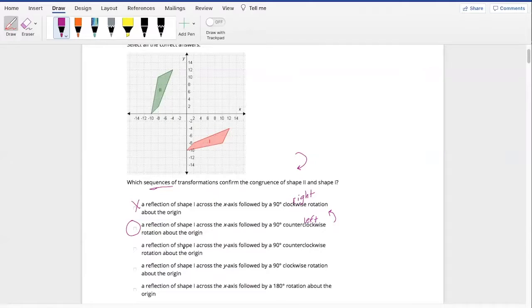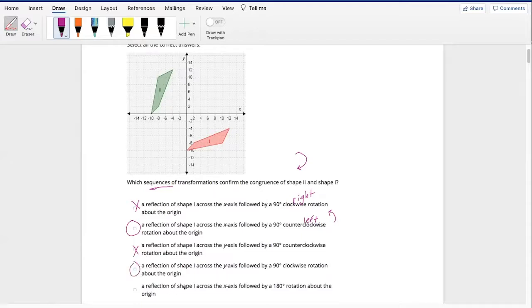A reflection of the shape across the y-axis. So if I take this, flip it over here, and then go counterclockwise, back to the left, that's not going to get me to shape 2. This one, a reflection over the y-axis, so it's going to flip, and then clockwise would get me up here because I'd be going to the right.